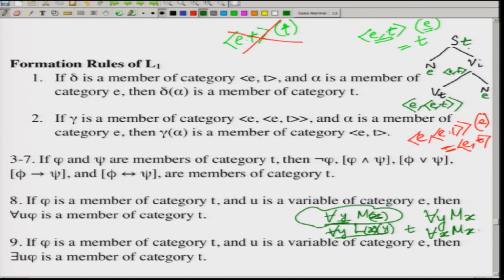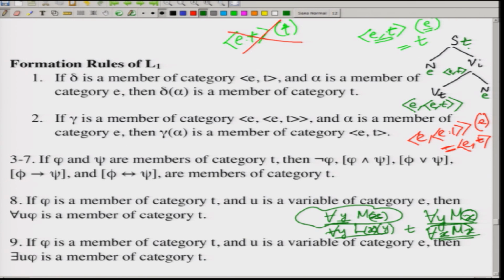Both are correct formulae, but the first is not a statement, whereas this one is a statement, because here binding takes place, if you remember. But here, because there is one free variable in the whole construction, it is not a statement. We need to sort of revisit whatever we have seen so far through this language.